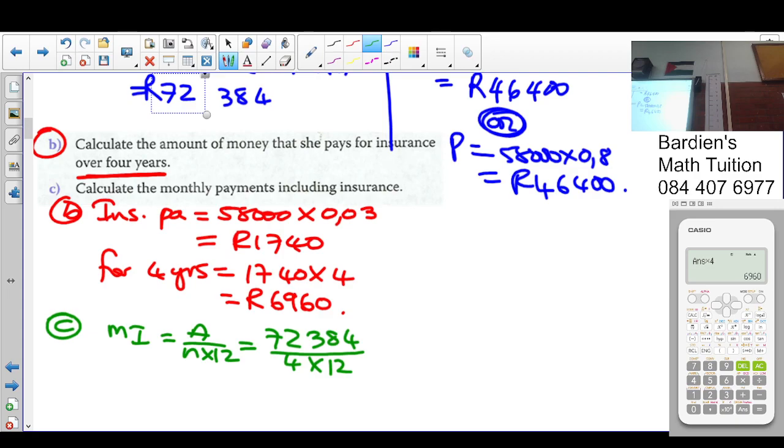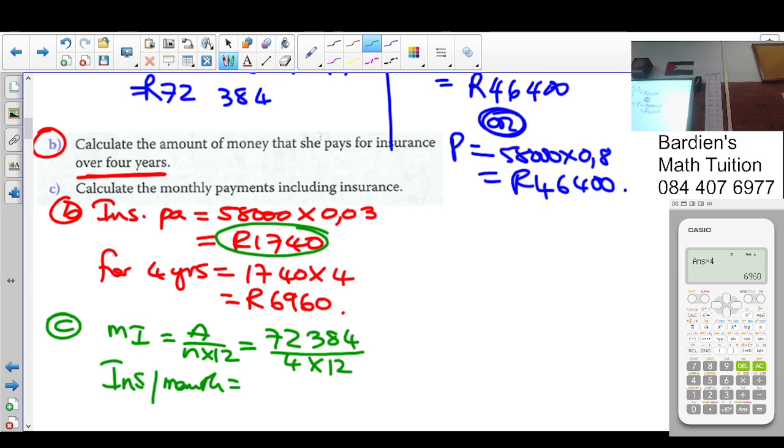Okay. How much is the insurance per month? Per month. How much is it for the year? 1,740 rand, not so?